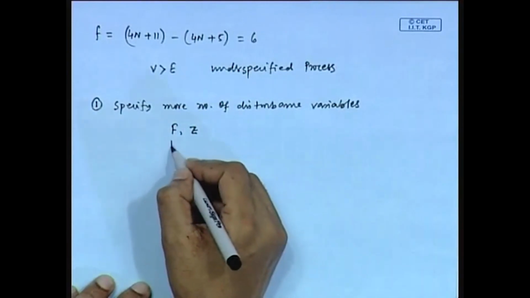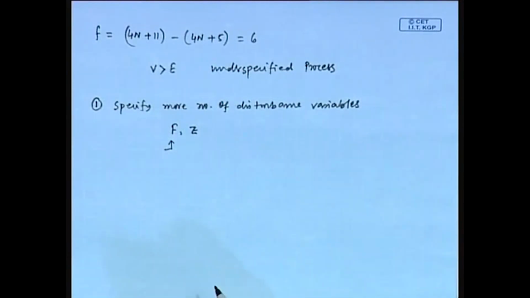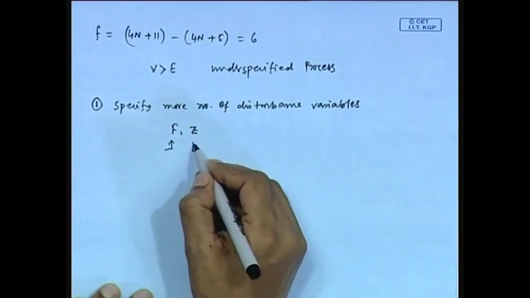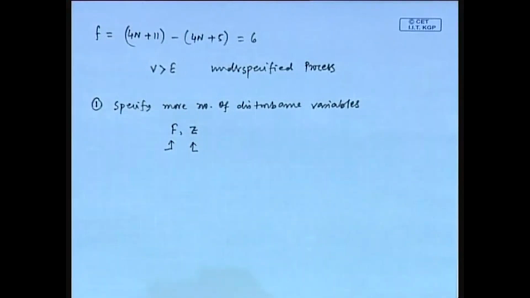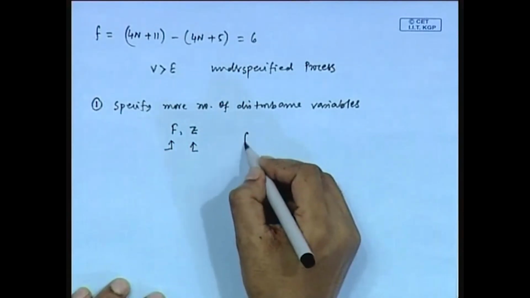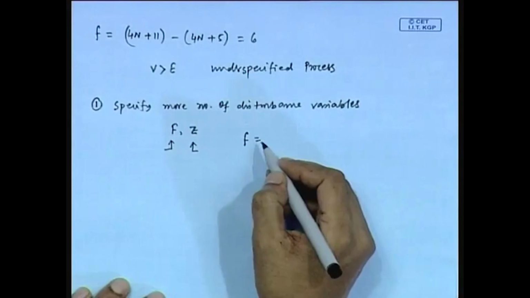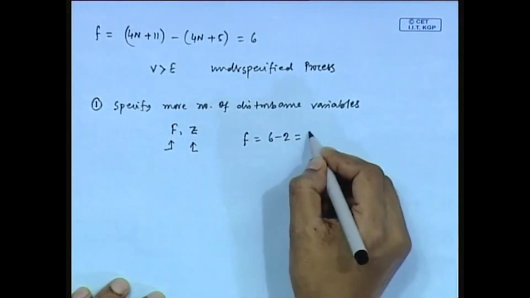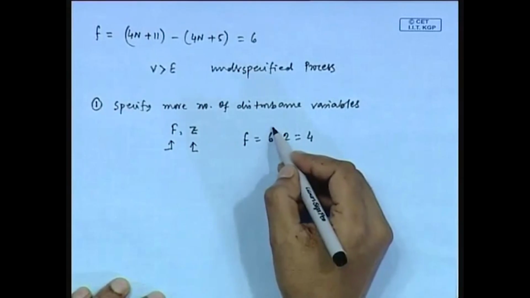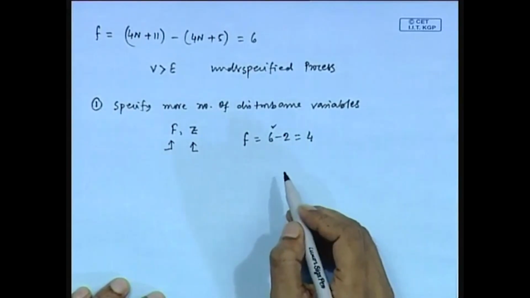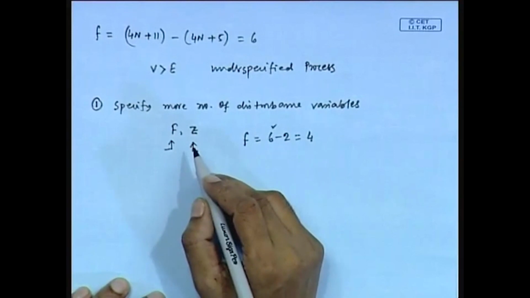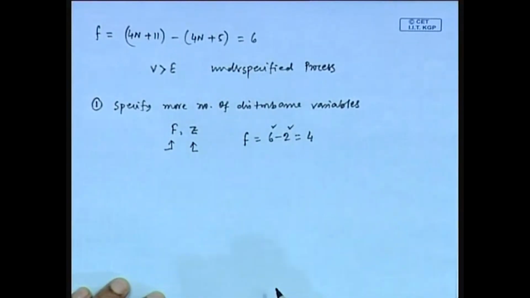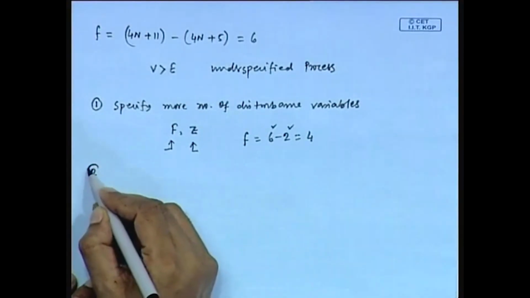We can measure this feed flow rate using a flow meter. Then we have the feed flow rate information. We can measure this feed composition by any chromatographic analyzer. Then we have the composition information. If that is the case, then f reduces to 4. Previously f was 6. We are specifying these two disturbance variables, that means minus 2. So, f becomes 4.